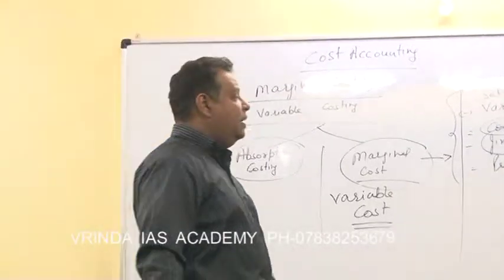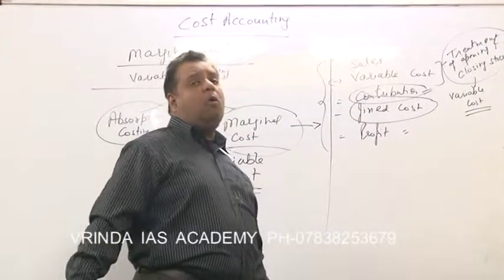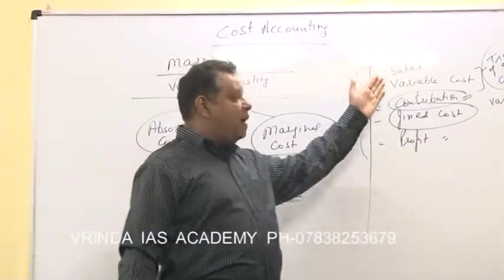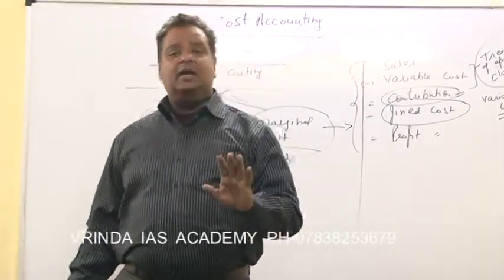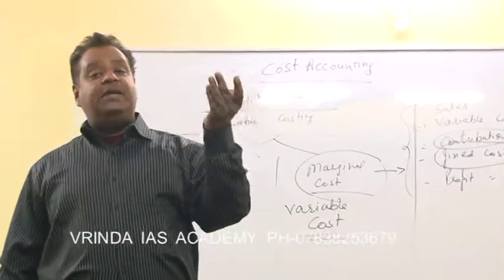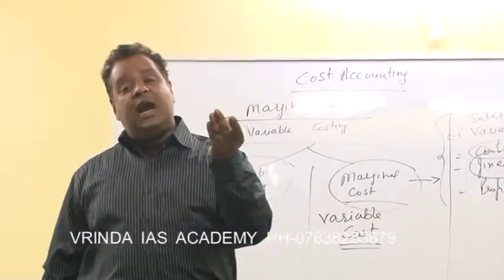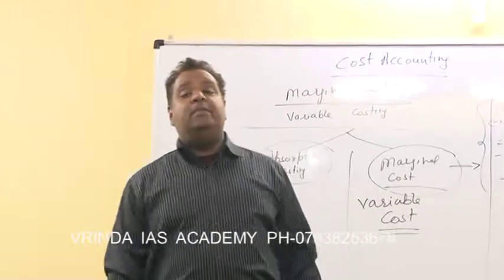Any fixed element is subtracted later. Whenever you calculate the opening stock in marginal costing, we only include variable elements like material, wages, direct expenses, variable overheads, variable office and administration overheads. Only the variable elements are included.